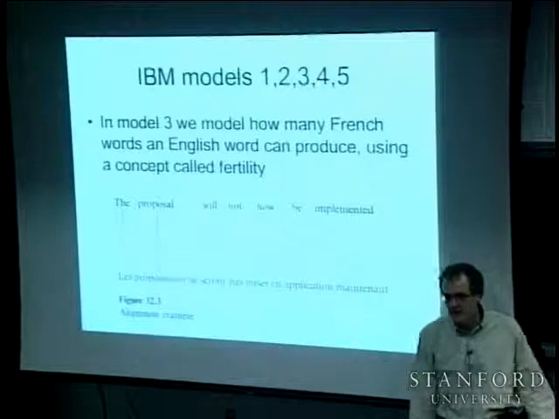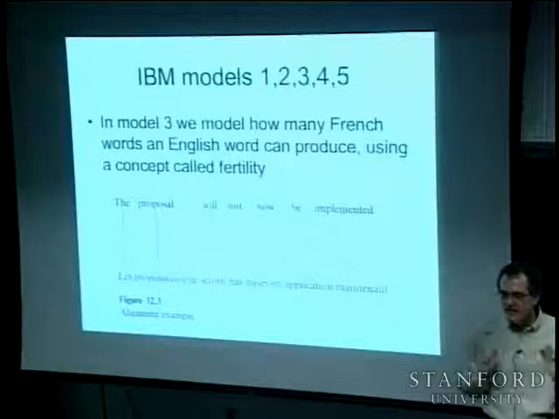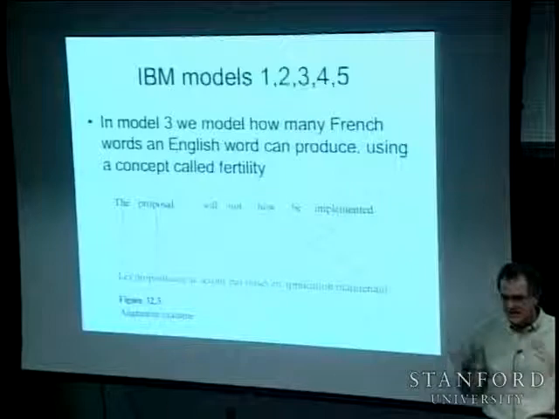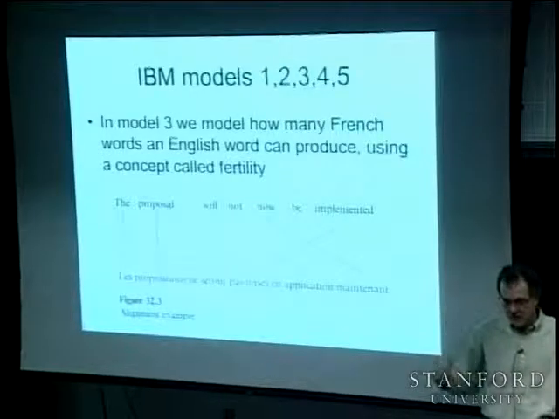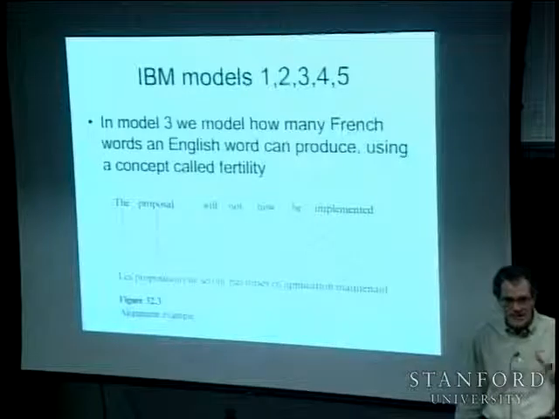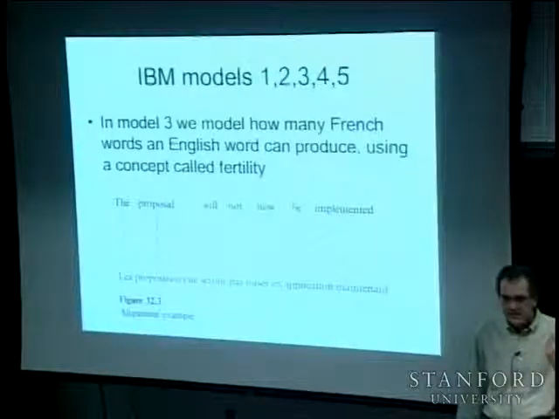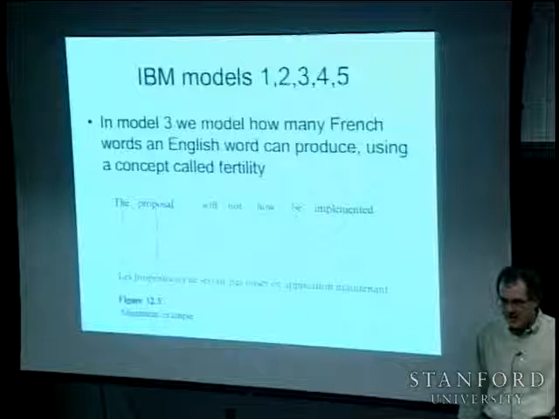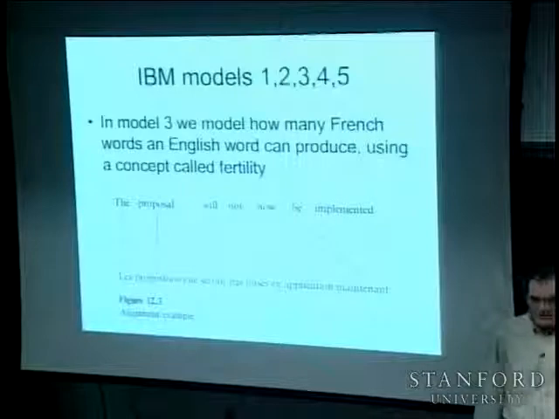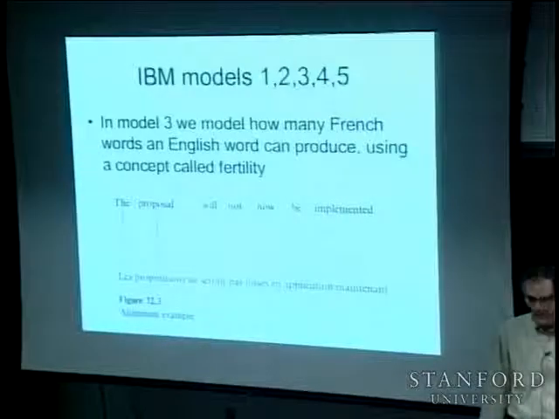There was nothing in our assigning alignment variables that stopped us aligning every word to one word. The alignment variables are independent of each other. And in part that is a very good thing.